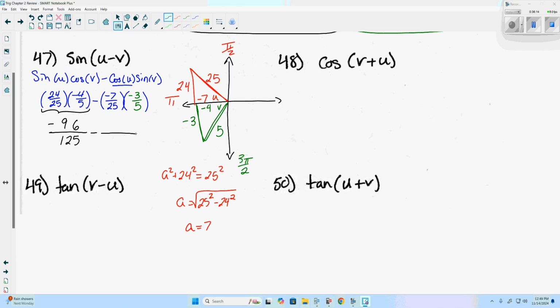Minus negative 3 times negative 7 is going to be positive 21 over 125, which will tell us that this is negative 117 over 125. But that's it. Does that make sense? So the triangles are really just set up so we can find those sine, cosine, tangent values.